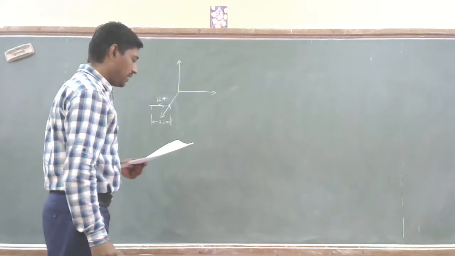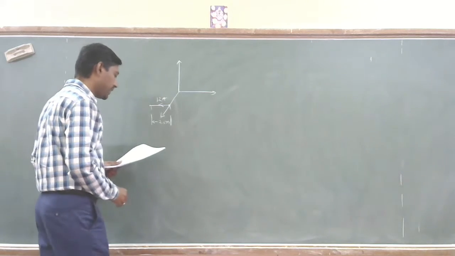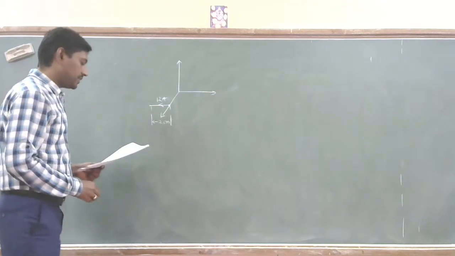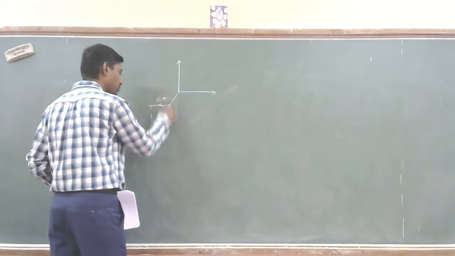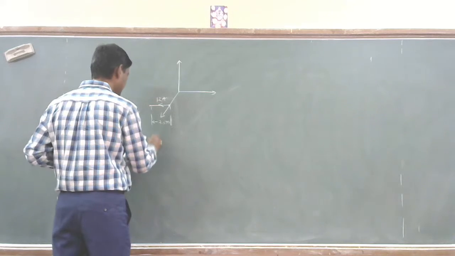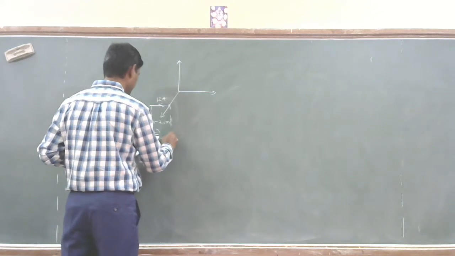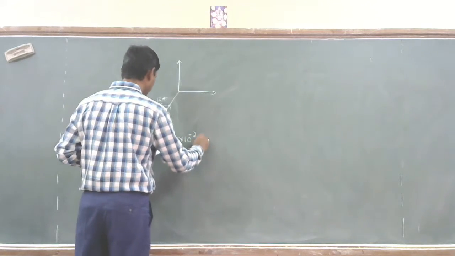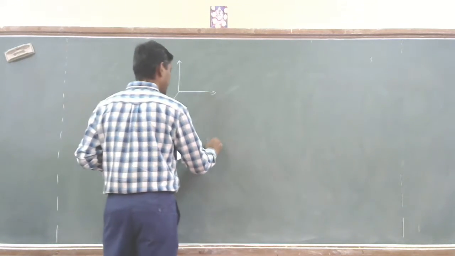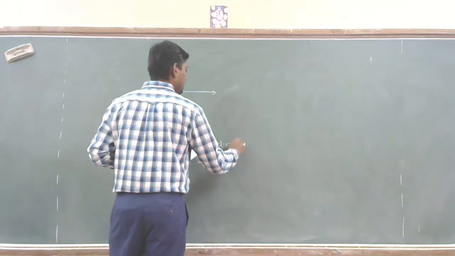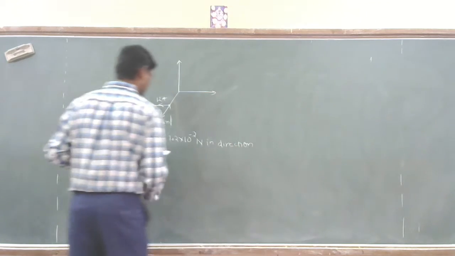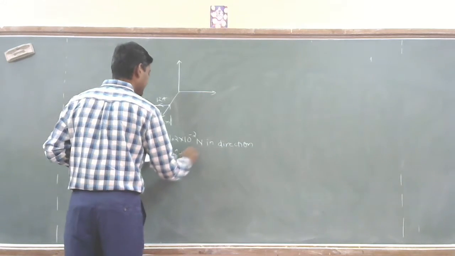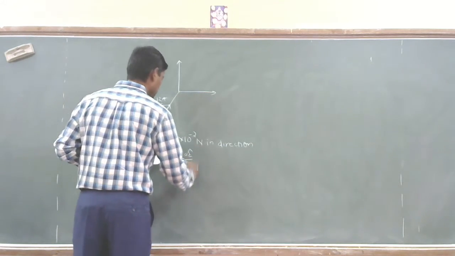And it is placed in the uniform magnetic field B. It's given that the force on this particular conductor is F equal to 1.2 into 10 raised to minus 2 Newton, in the direction of minus ax hat plus az hat divided by root 2.